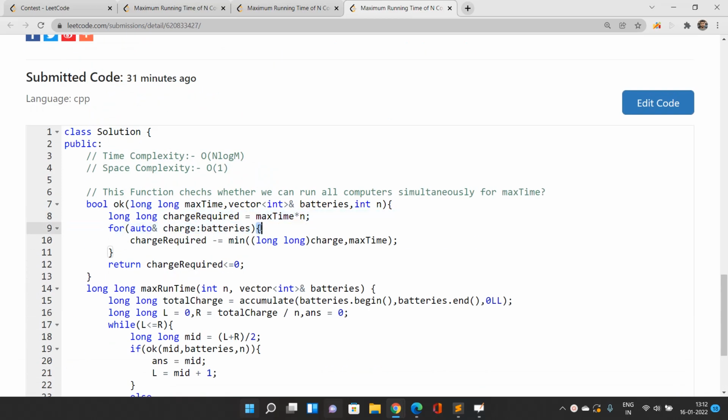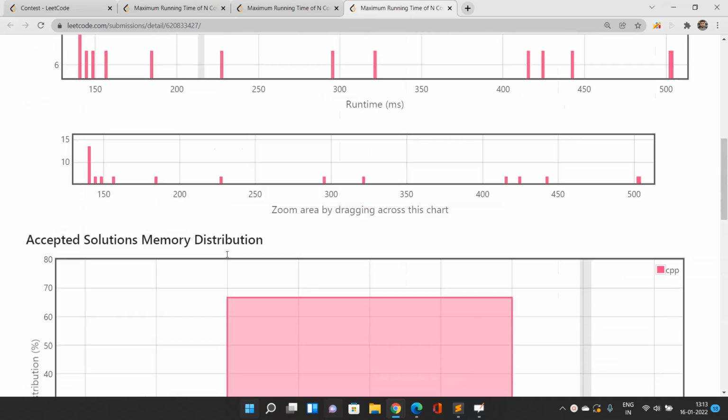The charge required will be max time into n, so I will decrement the charge required by min of charge comma max time, because there might be a case where this battery provides charge for a lesser time than max time. So I need to take that into account, otherwise return charge required negative. Finally we need to return this, so it will return true or false. This will give you all test cases passed.